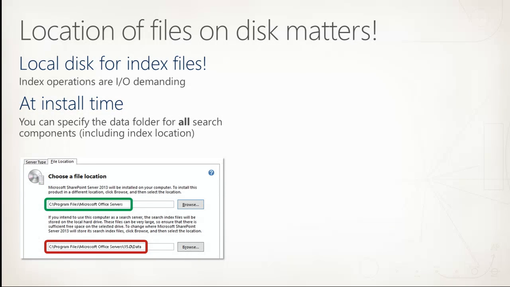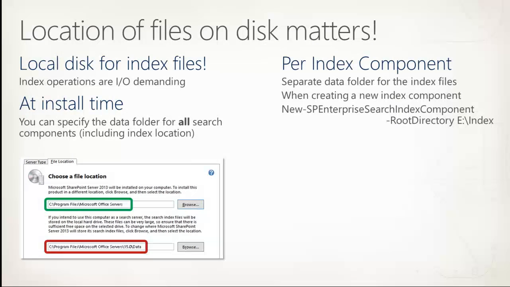But you can do it another way as well. In addition to setting up a separate folder for search data, you can also set up a dedicated folder for the index itself. You do that when you create your topology, using this new SP Enterprise Search Index component commandlet, as you saw in the previous example.